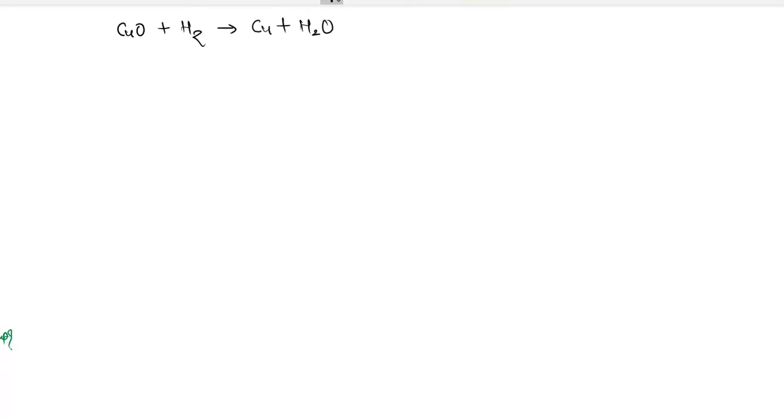My first question to you, and remember, note down these questions, pause the video, get their answer, start the video, check the answer with me, match your answer with me, and then your concept will get clear. So the first question is: who is getting oxidized?